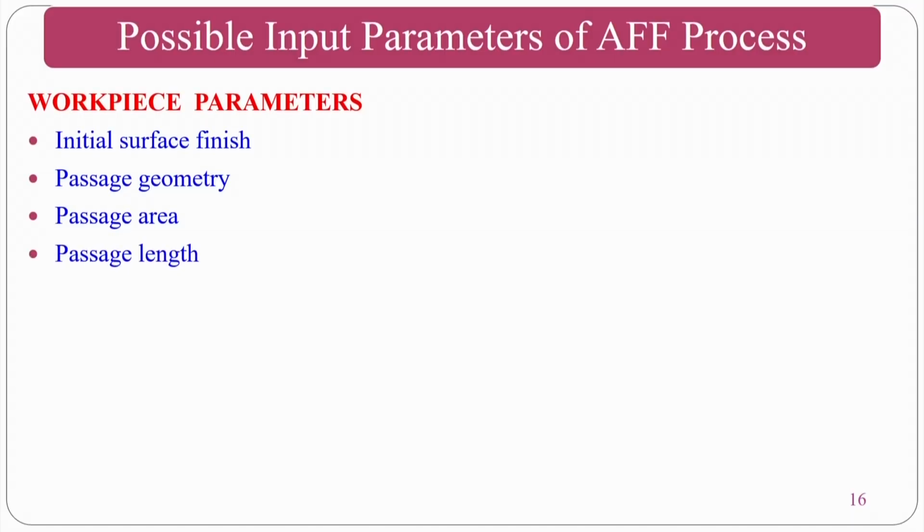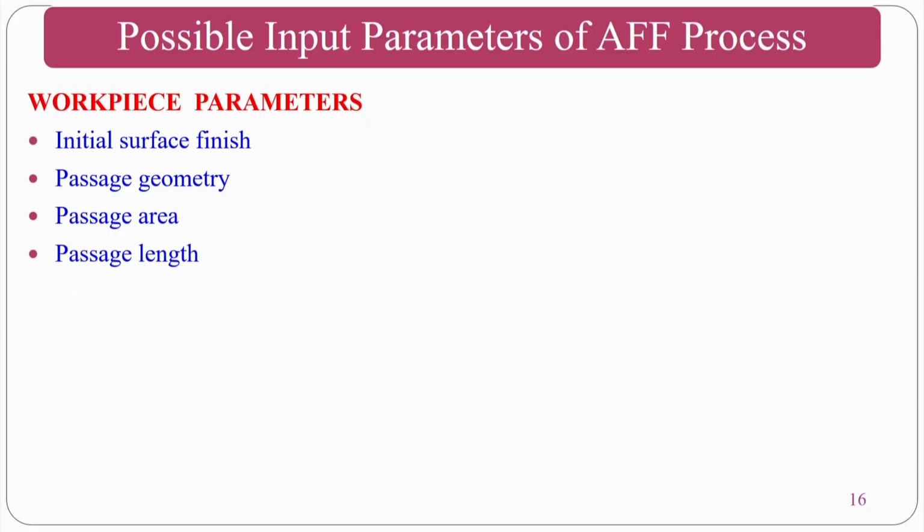Passage length, as I said, geometry covers passage area and passage length. If the length is too high, there will always be a problem of aspect ratio. If your aspect ratio is very high, that means there will be a pressure drop at the center of the workpiece region. So, you should go for the advanced mediums, and there are some advanced mediums that can overcome this type of high aspect ratio holes to be finished.